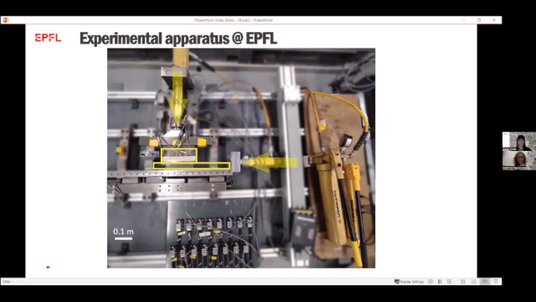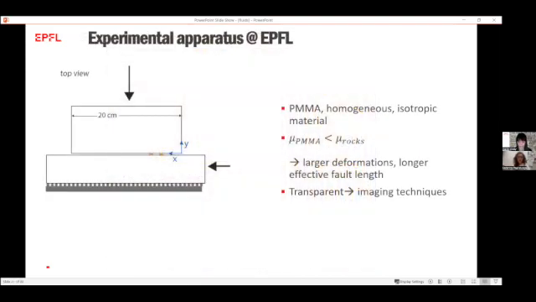earthquakes. So why do we use plastic? We use PMMA because it's a homogeneous and isotropic material. Moreover, its elastic properties are much lower than those of rocks. That means that we can have much larger deformations that are easier to measure in the laboratory, and we can have longer effective fault lengths.